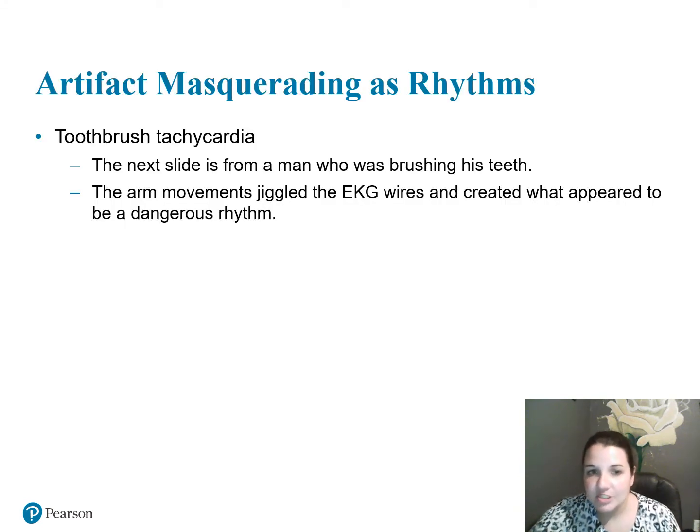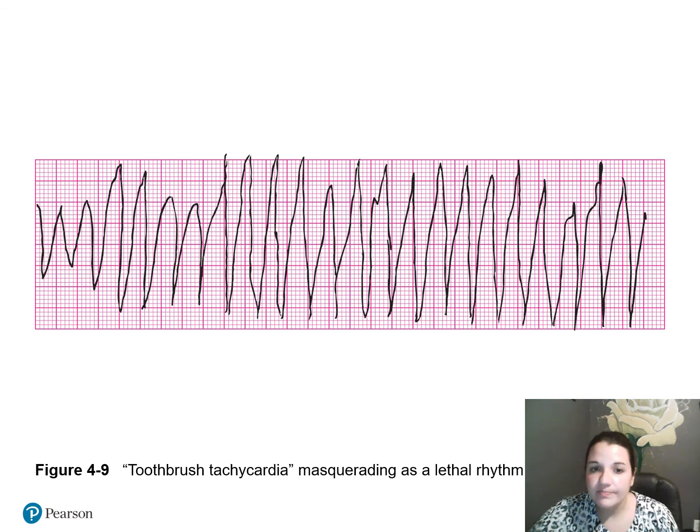All right, we talked about this earlier about brushing your teeth. I did that on purpose, so you'll notice this is one of our artifacts. Toothbrush tachycardia. The next slide is from a man who's brushing his teeth. The arm movements jiggled the EKG wires and created what appears to be a dangerous rhythm. Okay?